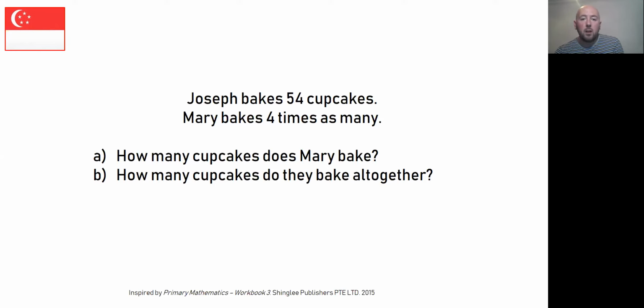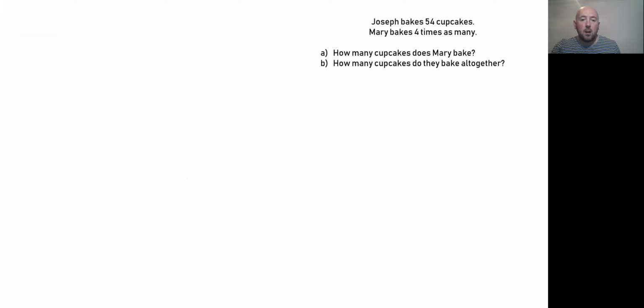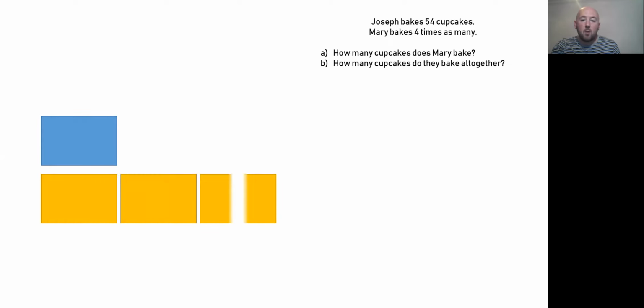somewhere in that ballpark, you can see that Joseph bakes 54 cupcakes. Mary bakes 4 times as many. How many cupcakes does Mary bake? How many cupcakes do they bake altogether? Again, using the bar and the principles of representing these generalizations and the structures, we can see that we have Joseph's 54, and then we have Mary baking 4 times as many. Okay?